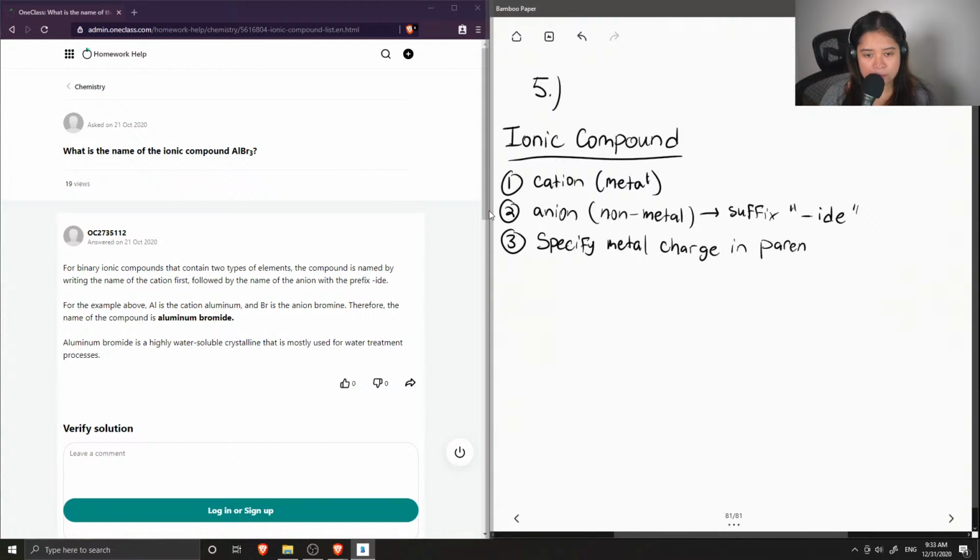But in the case of aluminum, it only has the charge of 3+. So we don't have to worry about the third step.